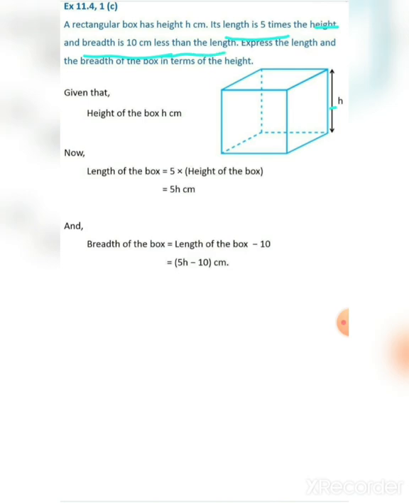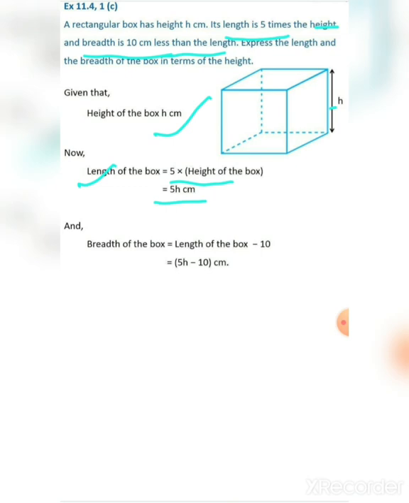What they are saying, first, what is given here, height of the box is h centimeter. Its length is 5 times the height. So length of the box is 5 times of height of the box. So 5 into height, 5h centimeter is the length.